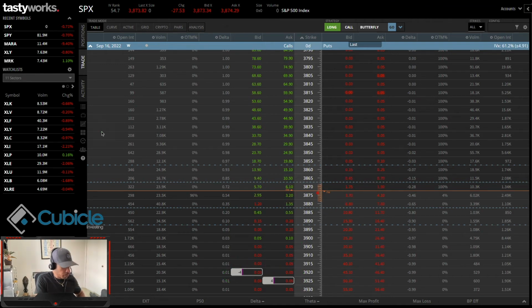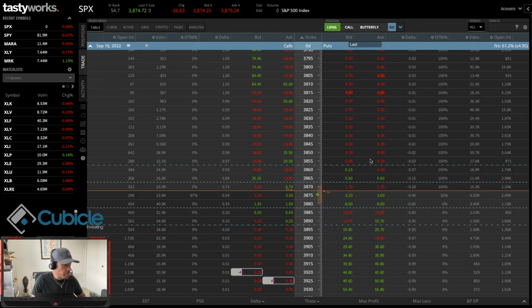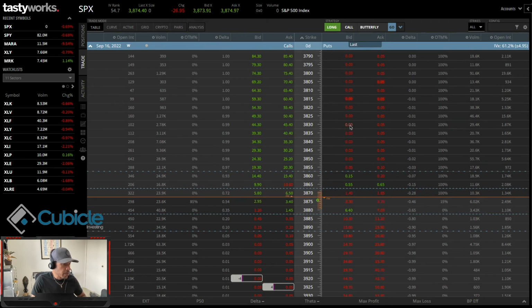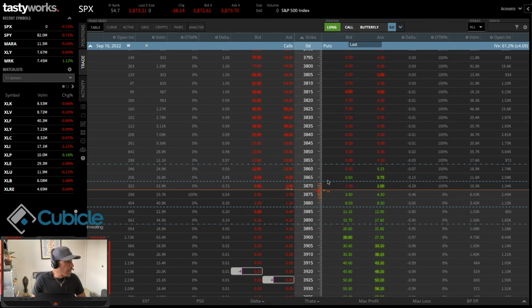And so if we take a look at the position itself, as you can see here, I made the entire $140 that I took in for selling this credit spread. I thought about actually putting on a put credit spread early on, but then I decided not to, because I got a little bit busy, and so I got sidetracked.